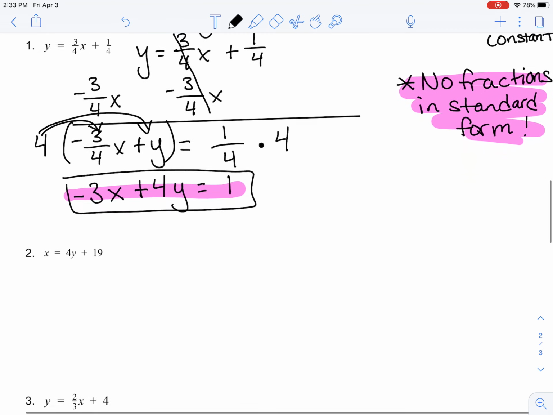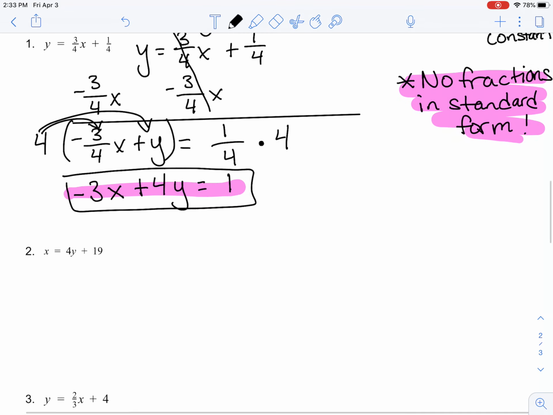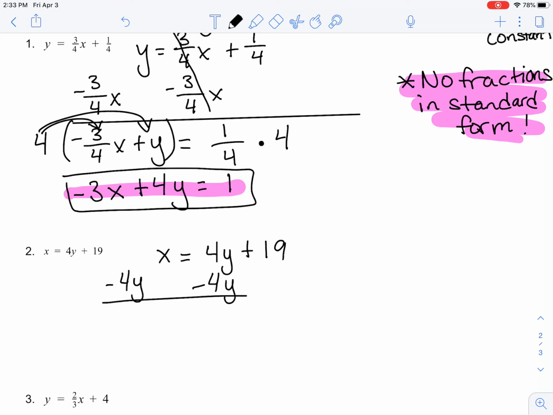Our second example, we have x equals 4y plus 19. So we want to get the x and the y back together. We're just going to subtract that 4y away from the 19 so that it can be back over with the x. Again, notice it's off to the side because negative 4y and x are not like terms. They cancel here, and we have negative 4y plus x equals 19.